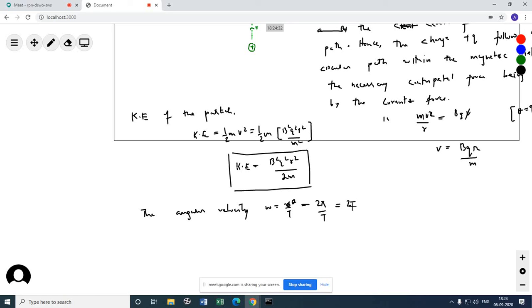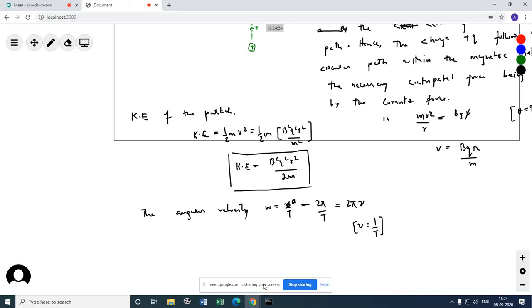Or we can write 2 pi nu, where nu is the frequency and is given by 1 by time period. I'm giving you all the relations, because in the upcoming chapters we're going to reuse all this. Omega equals 2 pi by t equals 2 pi nu, and so on.